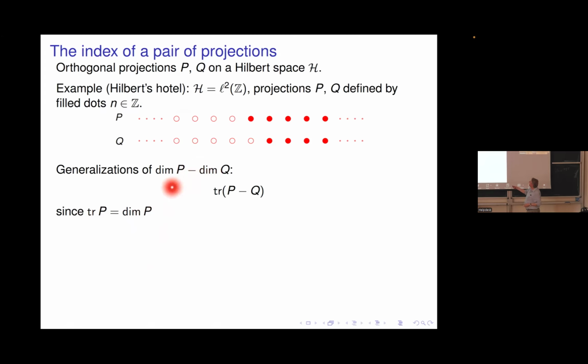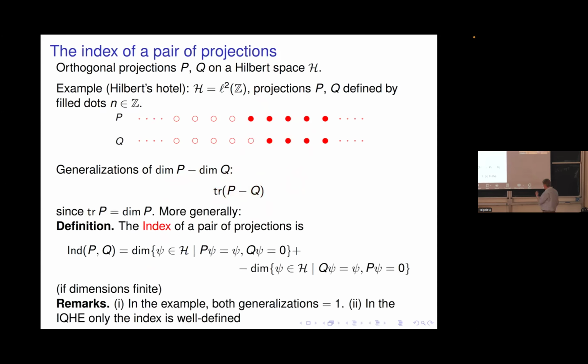And so this could be the trace of P minus the trace of Q, or the trace of the difference, which seems to be a clever thing to do, because even though the trace of the individual projections is infinite, if you first take the difference, then you easily see that only this guy here is left, and that's a rank 1 projection, and that gives the answer.